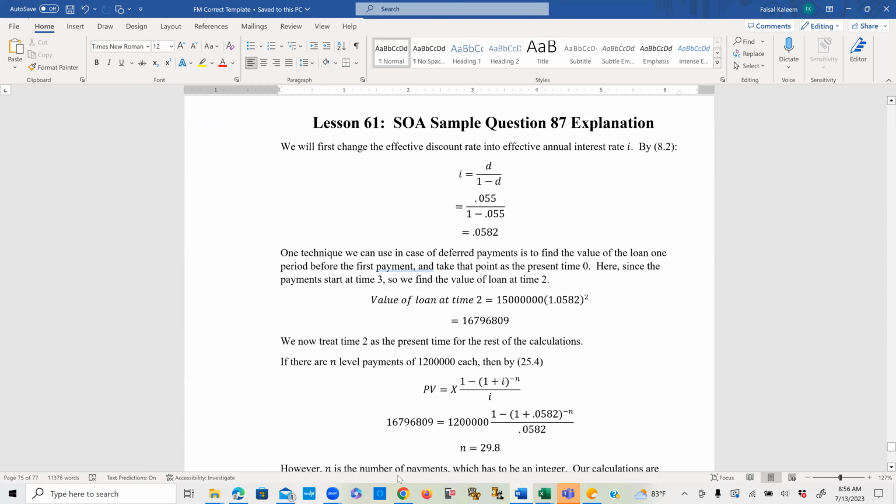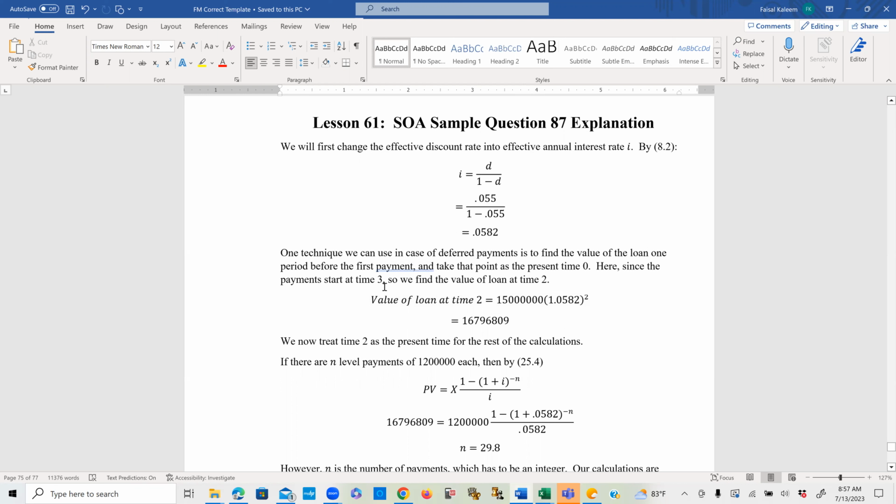In such situations, one technique is to find the value of the loan 1 period before the first payment and take that point as the present time 0. The payments start in this case at time 3. So we find the value of the loan at time 2, which is 1 period before time 3.